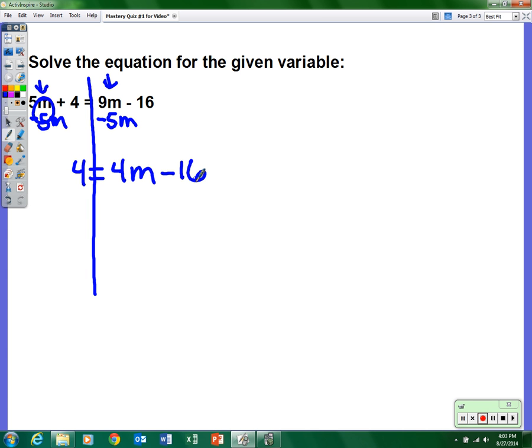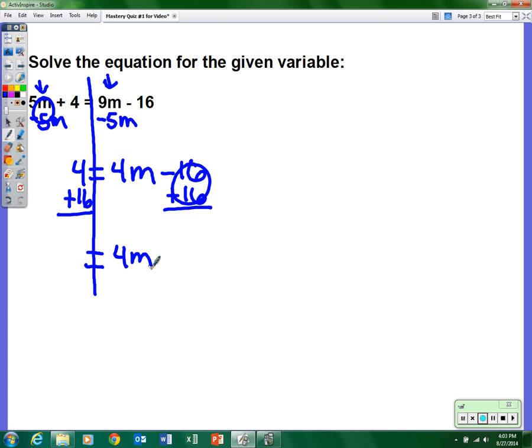Okay, again, remember our goal is to get the variable by itself. So the next thing we need to do is get rid of the minus 16. And again, what you do to one side, you do to the other, and you do the opposite. So we are going to add 16 to both sides. So it zeroes out over here. So we are left with 4m on the right side.